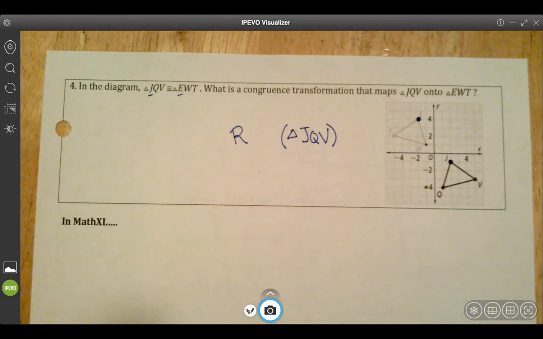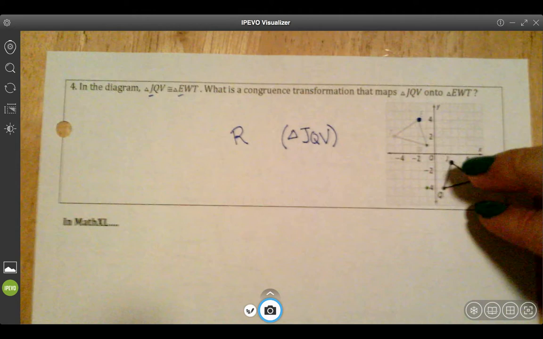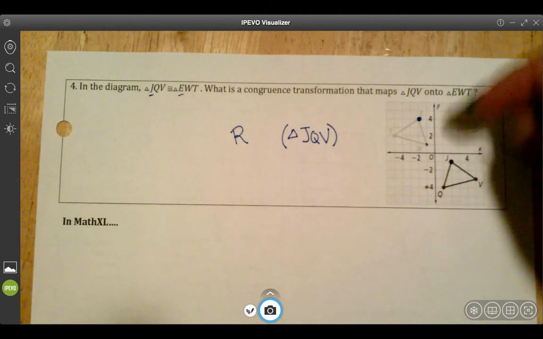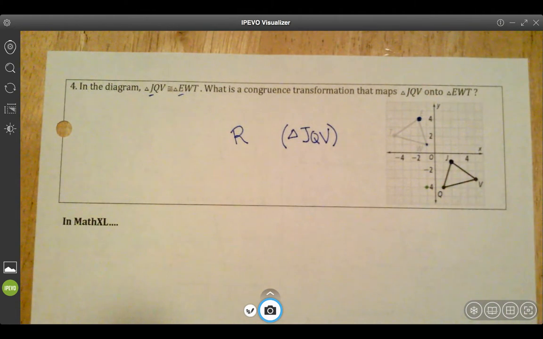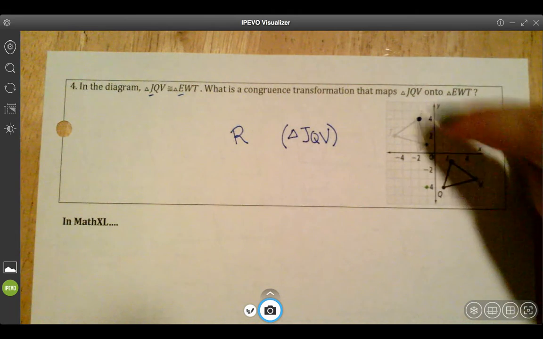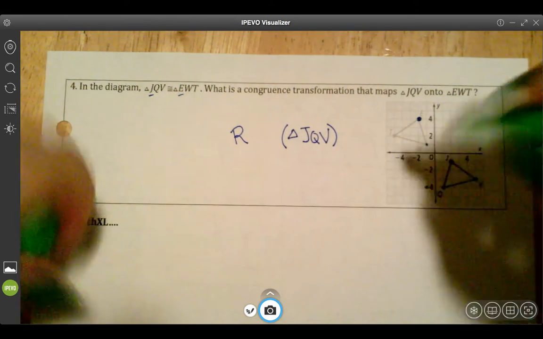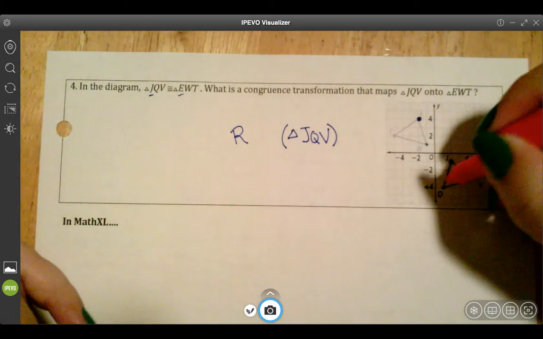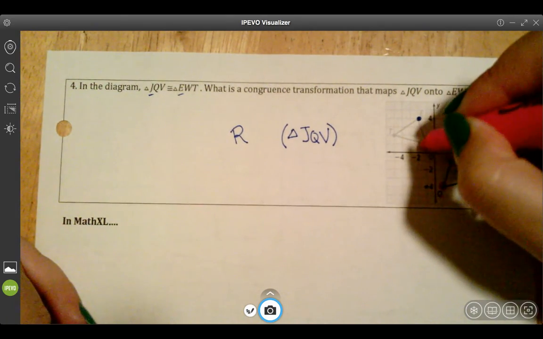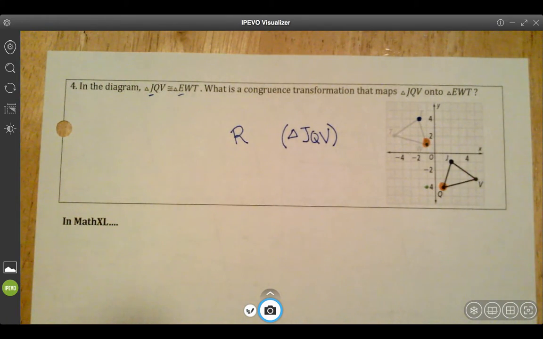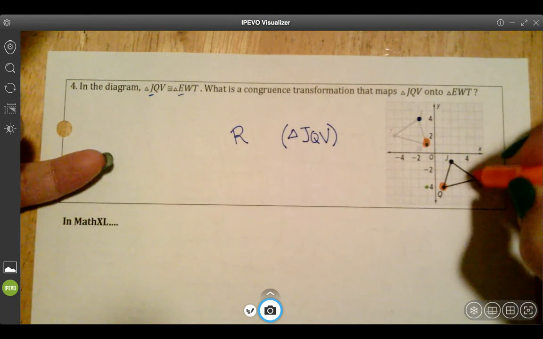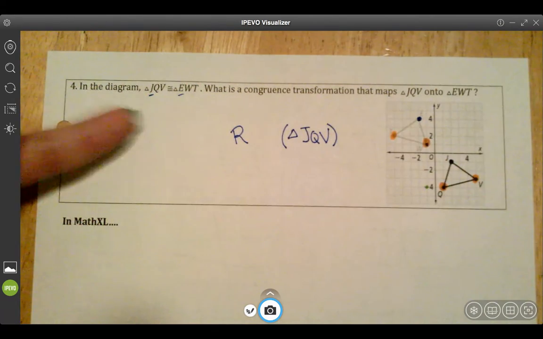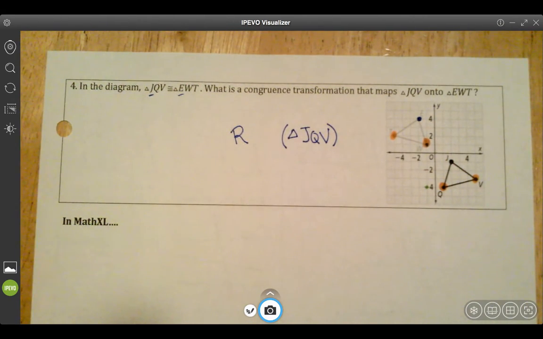Just like before, why did I choose the y-axis? Well, if I reflect over the x-axis, J will be underneath Q. Remember, J and E correspond. Q and W, V and T. And I know that from my congruence statement.